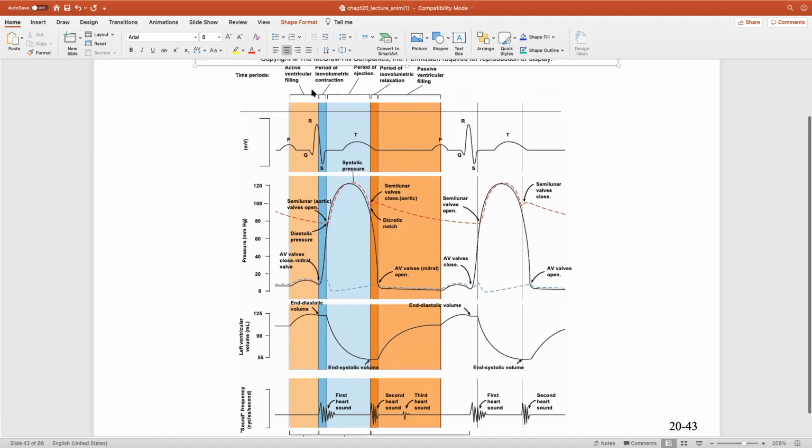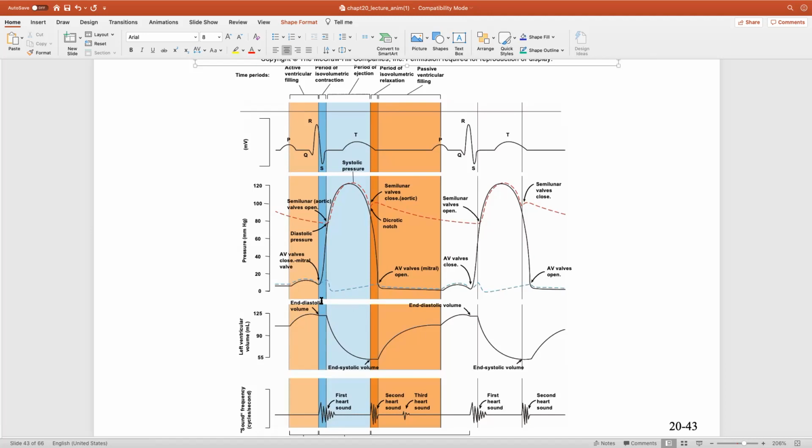At this point, though, we're in a period of isovolumetric contraction. Since the left ventricle is contracting with a lot of force and a lot of pressure, the last thing we want to do is have that left ventricle contract from the apex.